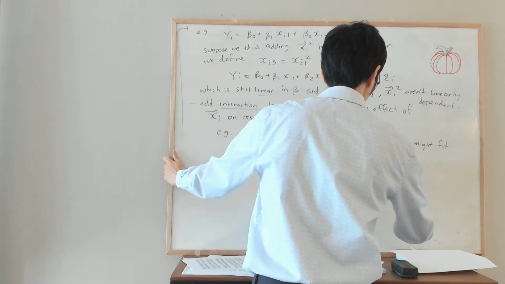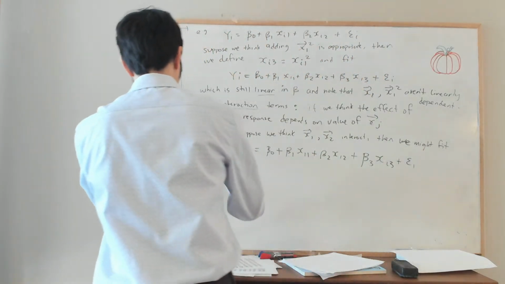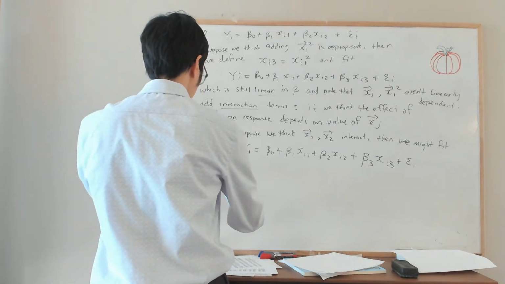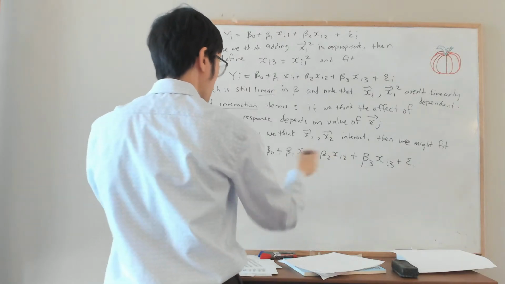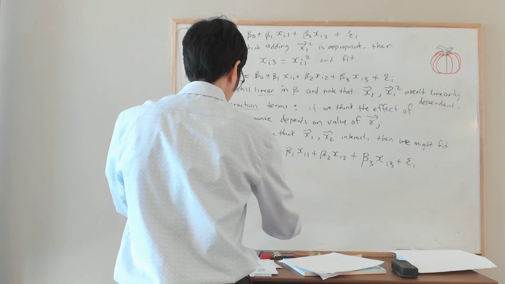I can call it xi3, where xi3 is defined to be the product of xi1 times xi2.